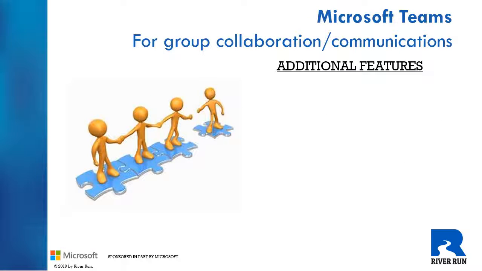There are a lot of other additional features for group collaboration and communication within Microsoft Teams. We had mentioned that each team comes with a OneNote notebook. If you haven't checked out what OneNote team notebooks are, or OneNote notebooks, you should really explore that application.